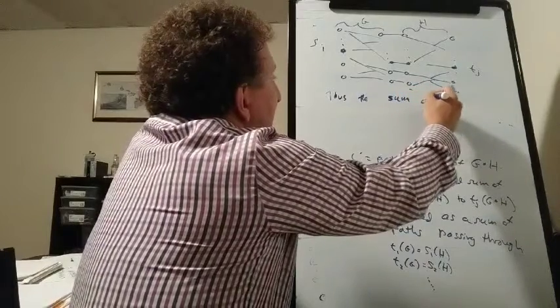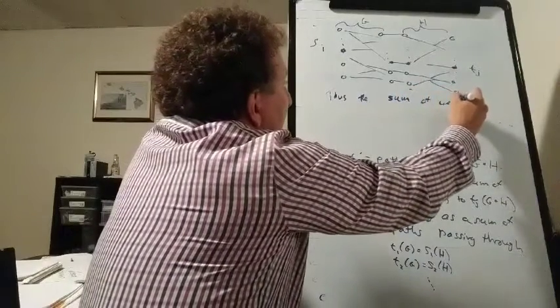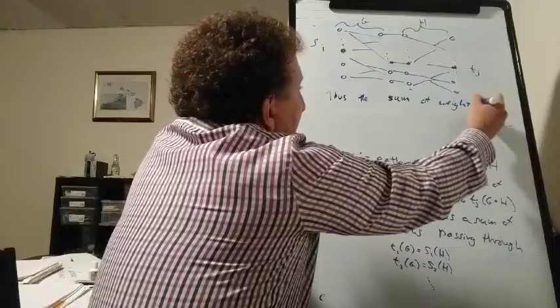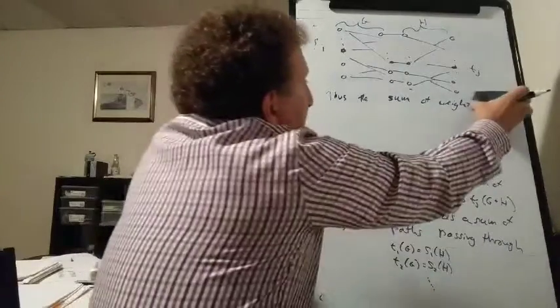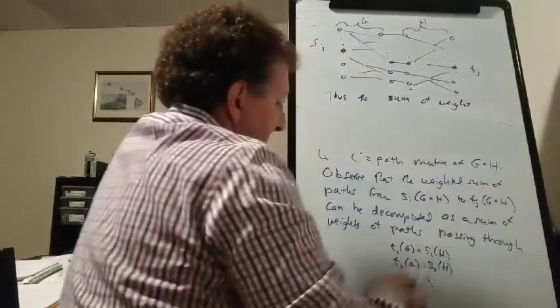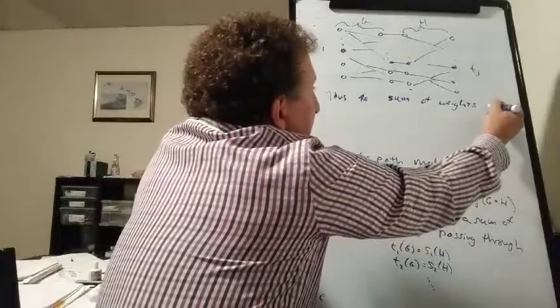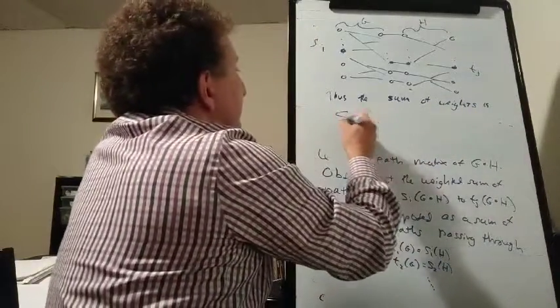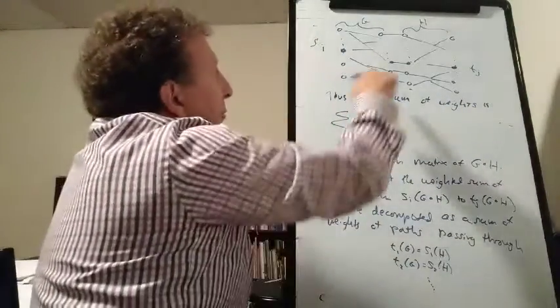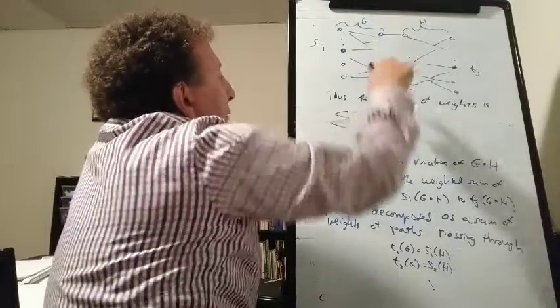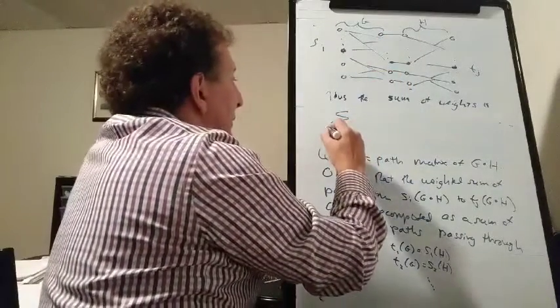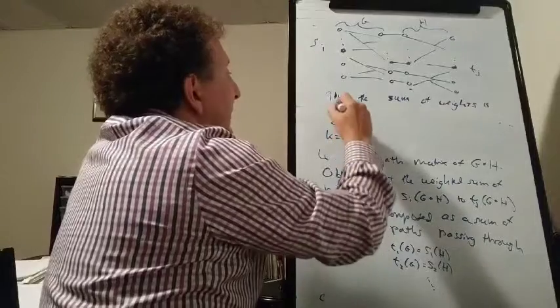So that means that the sum of weights is, we'll sum over the bridges, so k equals 1 to n.